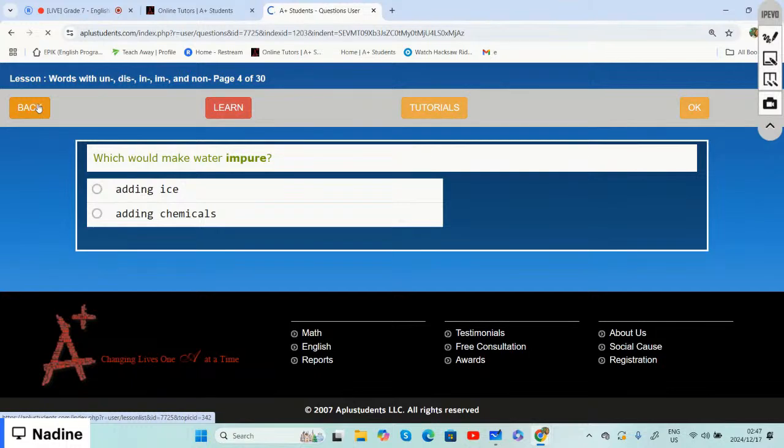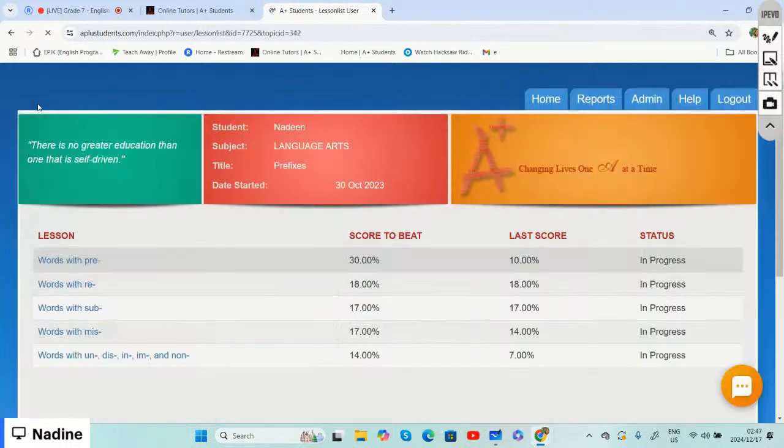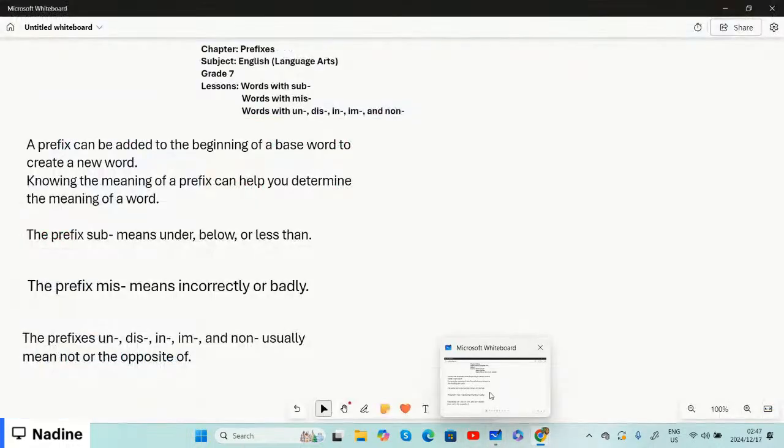All right, so this is now the end of our lesson on prefixes. We went over words with sub, mis, and words with un, dis, in, im, and non. Sub means either under or less than. Mis means it is wrong, or incorrectly or badly.